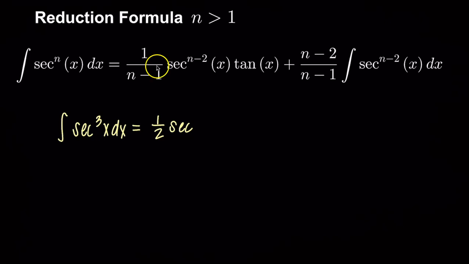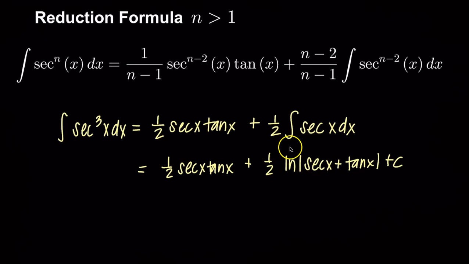And then secant to the 3 minus 2, that's 1, so just secant x tangent x. And then right here, plugging in n, which is 3, into these n's, 3 minus 2 is 1 and 3 minus 1 is 2, so we get plus 1/2 the integral of secant to the 3 minus 2, that's 1, so the integral of secant x dx. Well, we already know the integral of secant x is natural log, absolute value, secant x plus tangent x. Bring everything else down, we get the same result.